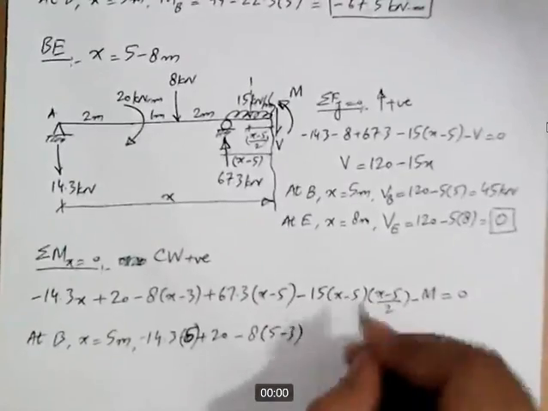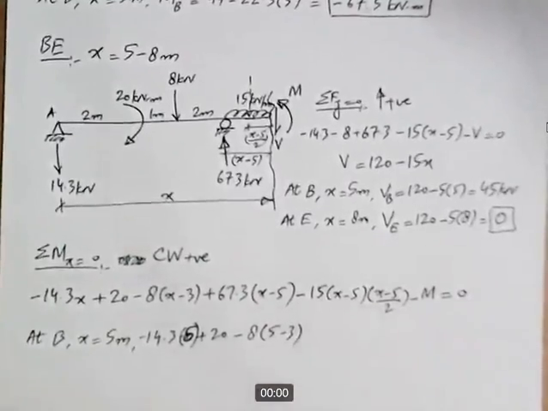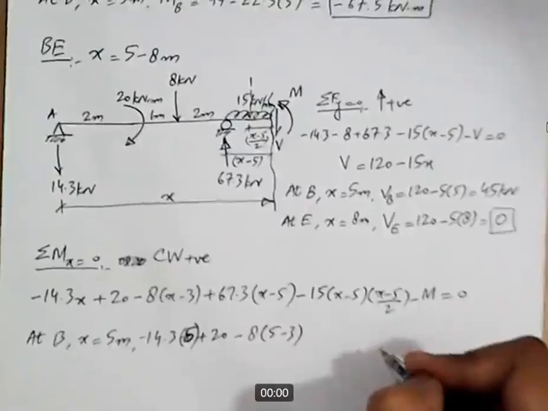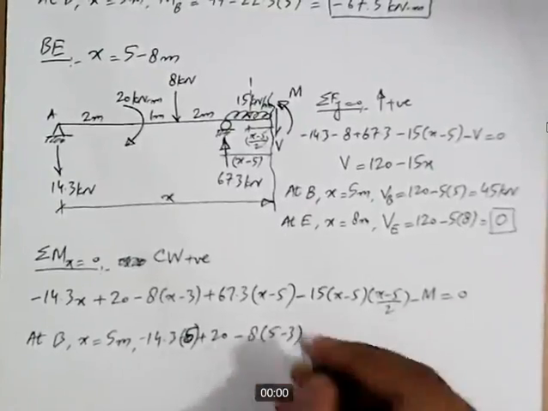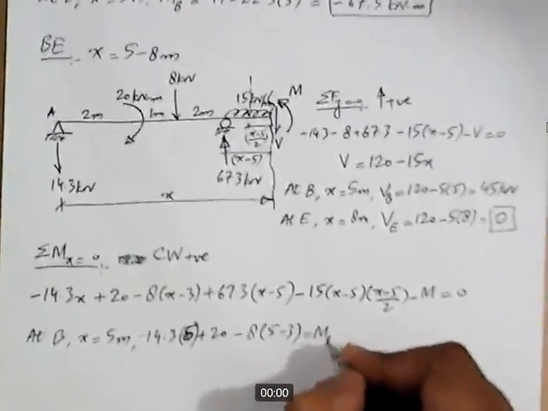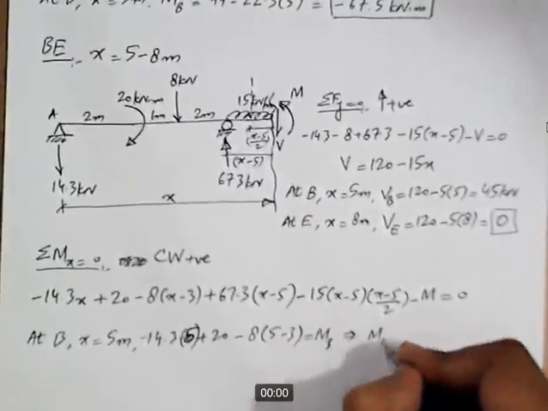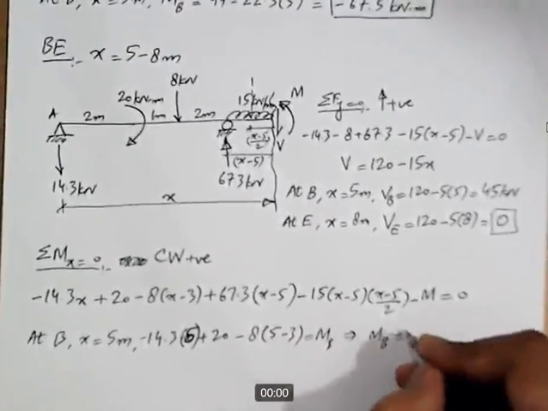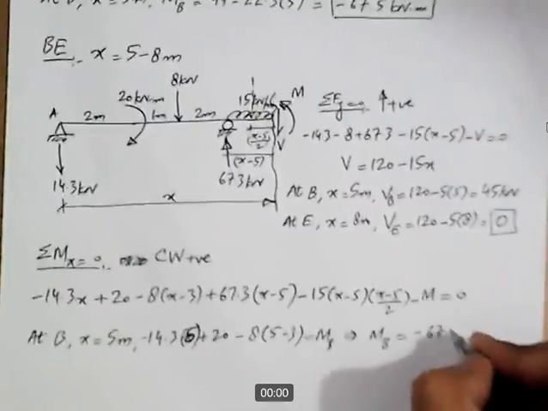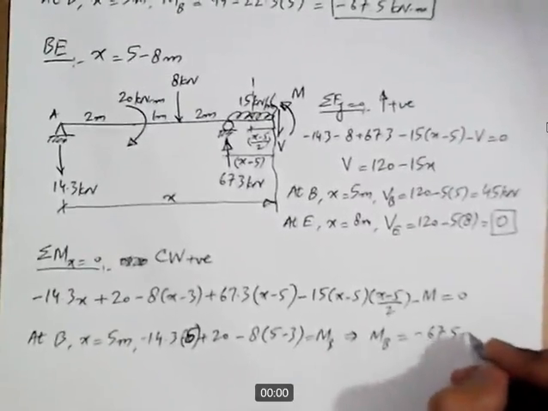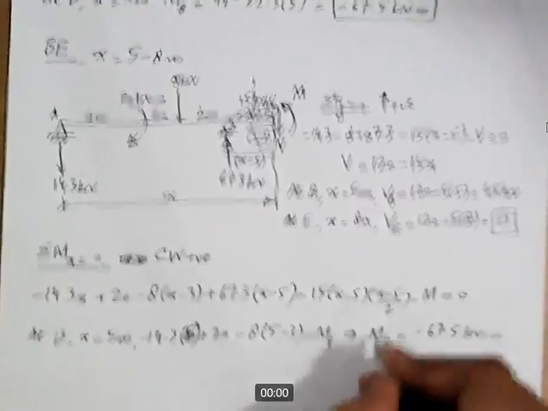The rest of the terms will become 0. Okay, and this will be equal to MB. So MB comes out to be minus 67.5 kilonewton meter.